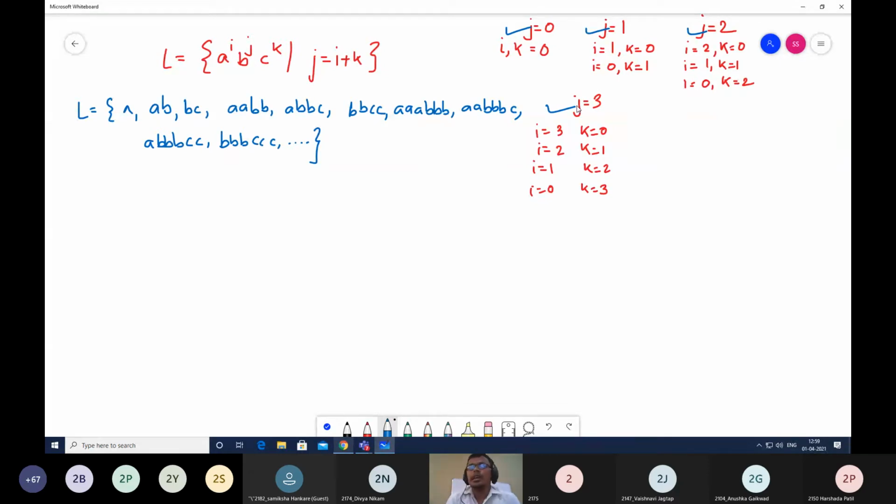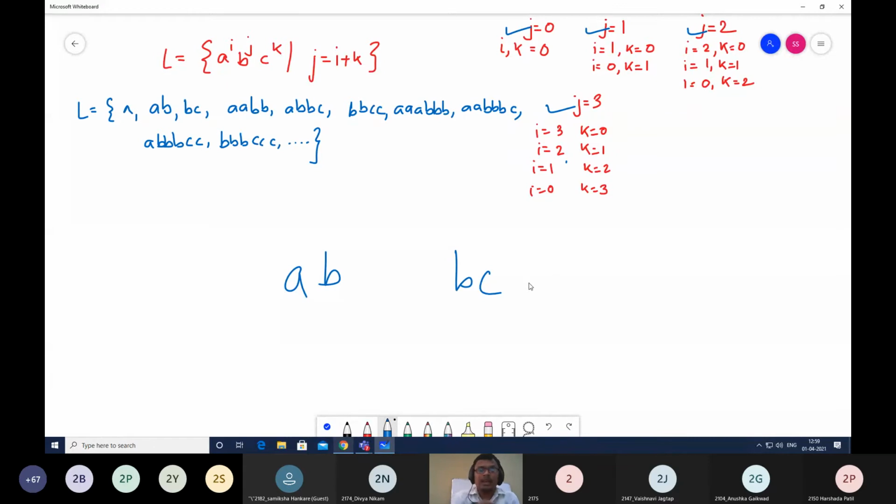If you closely observe, if I am adding a B in my string, then with that B, either I should have an A in that string or I should have a C added at that point.